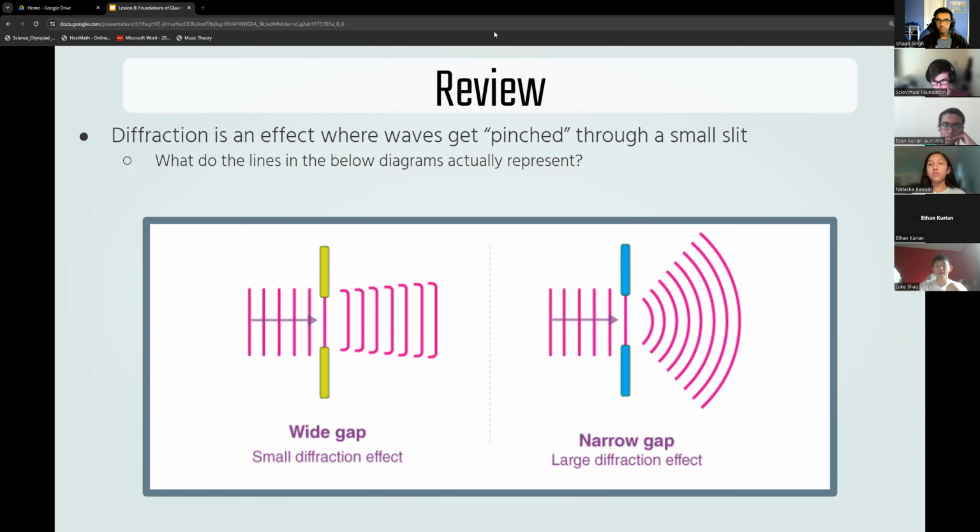You can think of them as wave peaks, but in general, they represent wave fronts, a way to depict a wave moving through space.